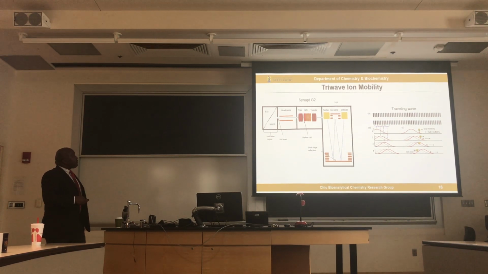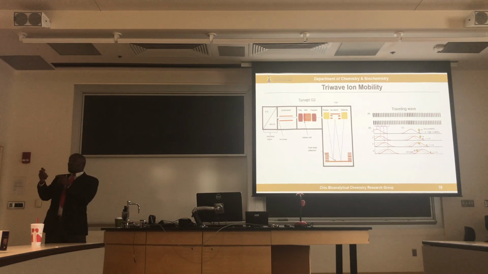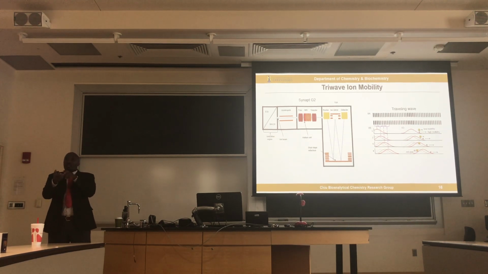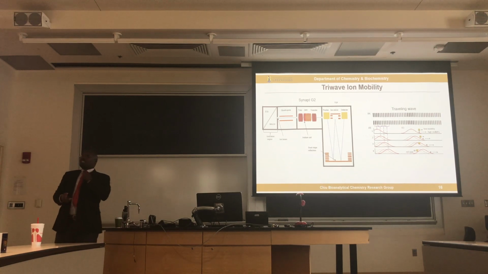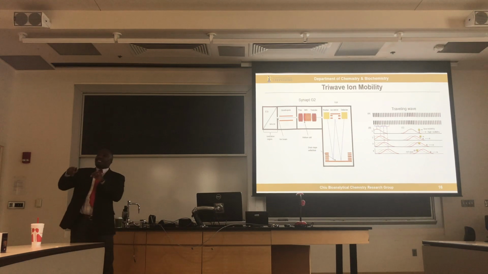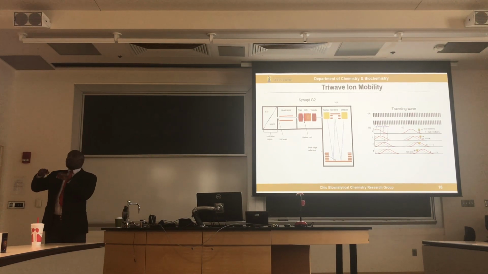The technology involves having two types of voltage. One voltage is the RF voltage, which is the radio frequency voltage, which keeps the ions axial along the beam. And then the other type of voltage is the DC voltage, which is applied on the electrodes systematically, and it is increased sequentially.